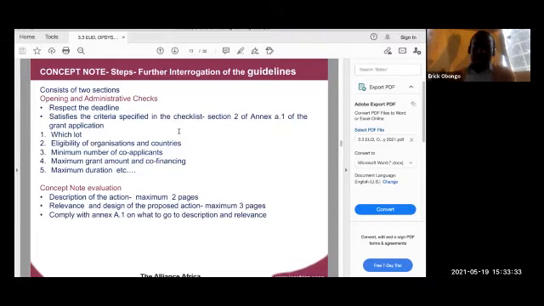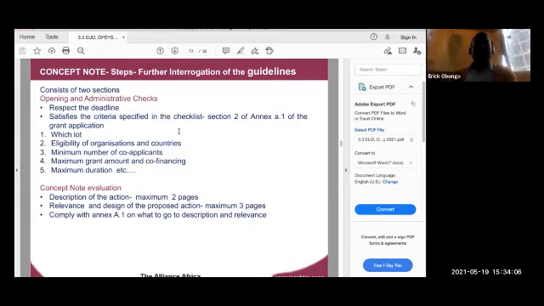Such issues include whether you've picked the correct lot, you've identified the geographical zone where the project is to be implemented, whether it is in line with what they have stipulated. The minimum number of co-applicants, this one you need to be careful. The grant, whether you've stated clearly what you are going to provide in terms of co-financing for the project.